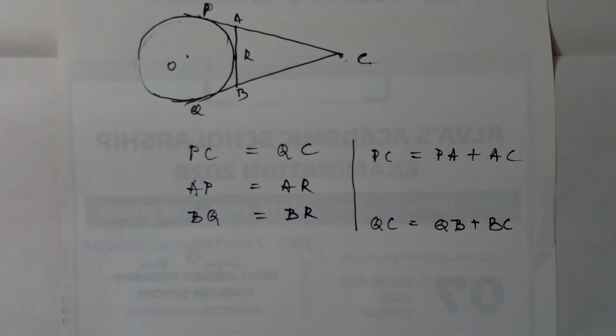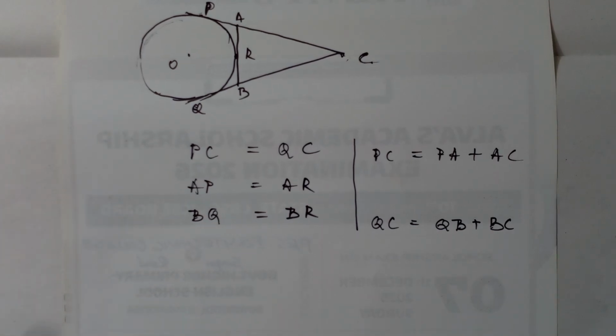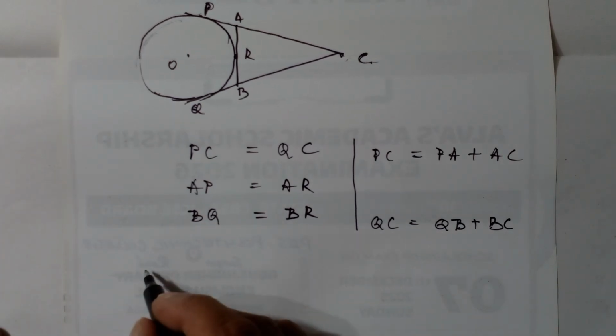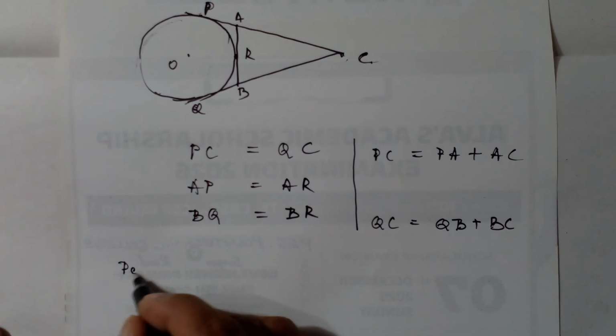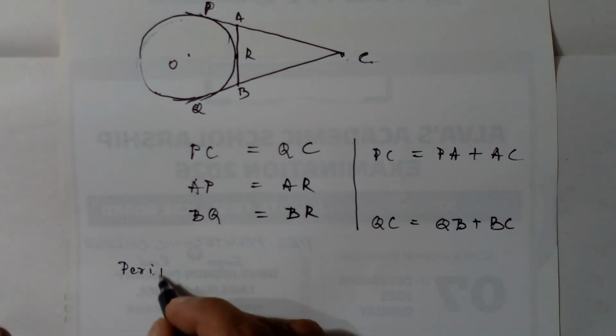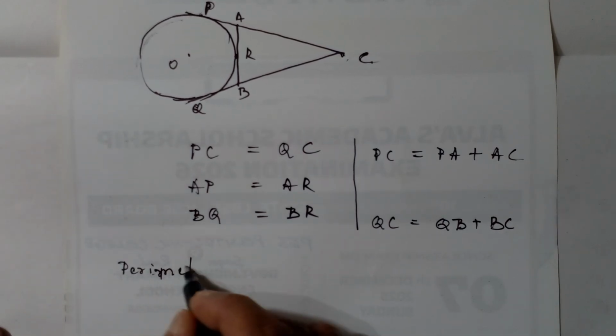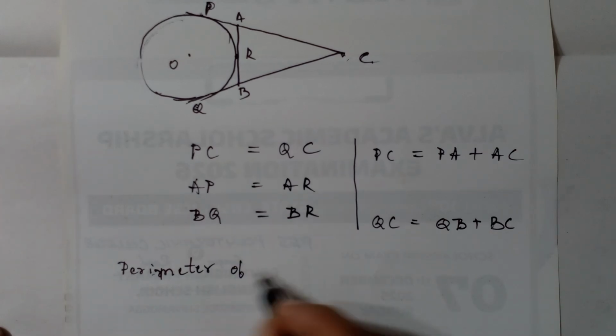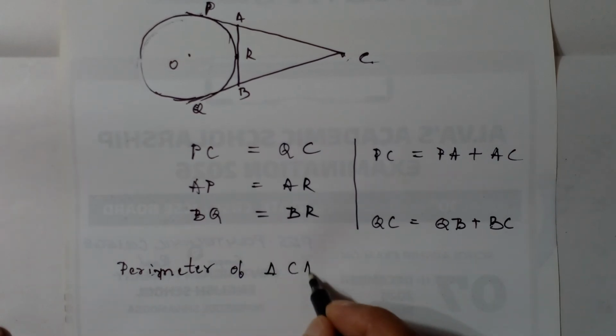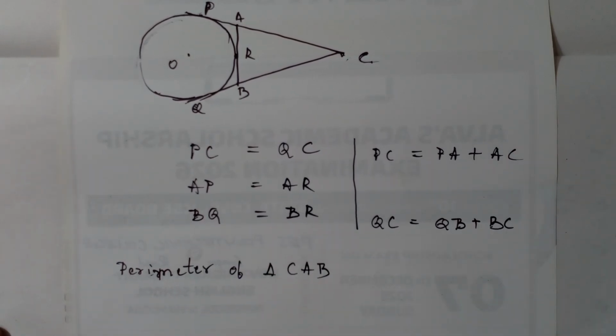Now I want to consider the perimeter of the triangle CAB. You know that the perimeter of triangle CAB means the sum of the lengths of all three sides.